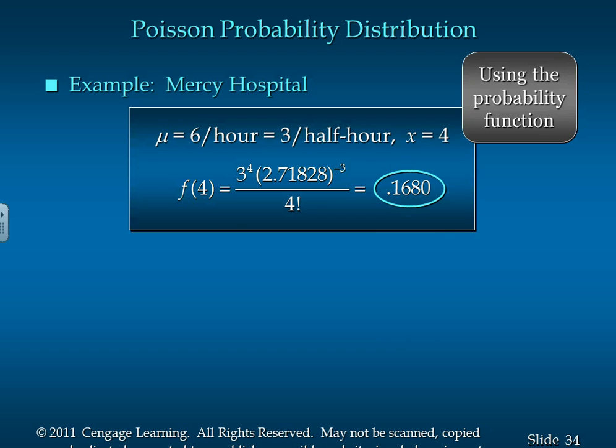X is really 4, so I end up with 0.168 is the probability of having 4 show up in a half hour. I'm supposed to have 3, I have 4. That would be my probability.